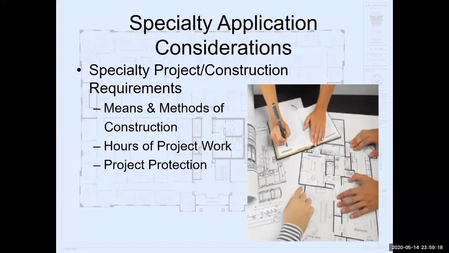All right, so some specialty information that might be appropriate to include might include some discussion about means and methods and who's responsible for them. Maybe information about what restrictions there are on project hours and project areas of work, as well as how to protect the project from damage due to construction.